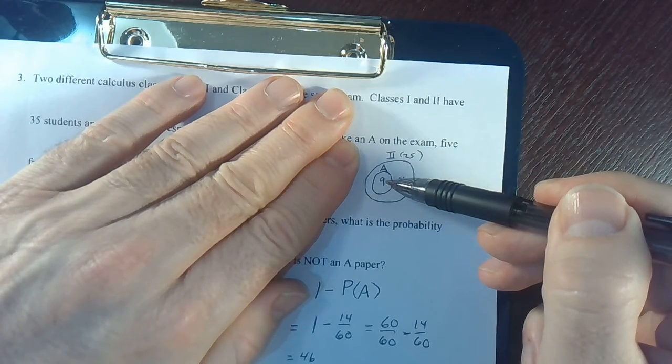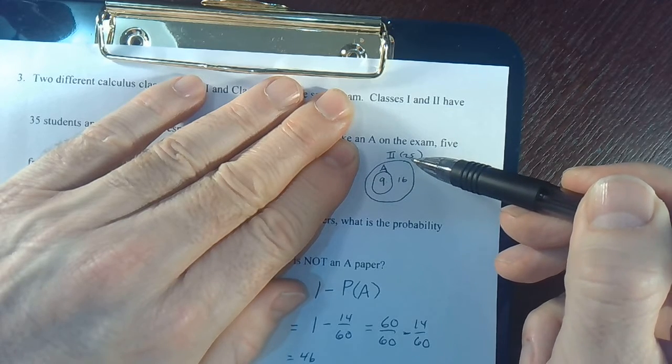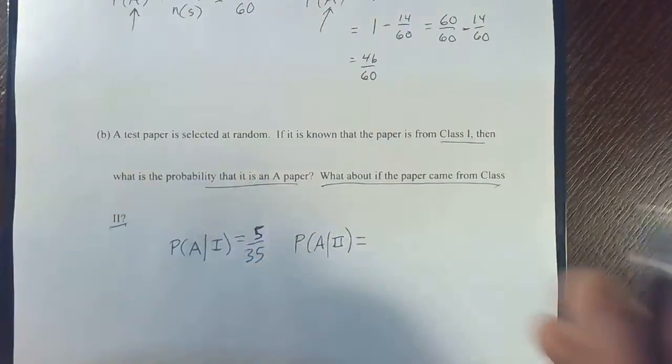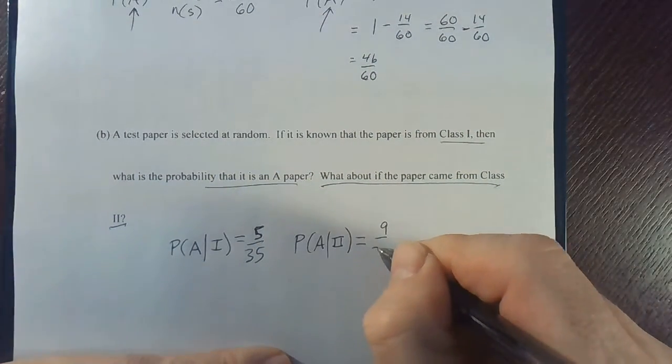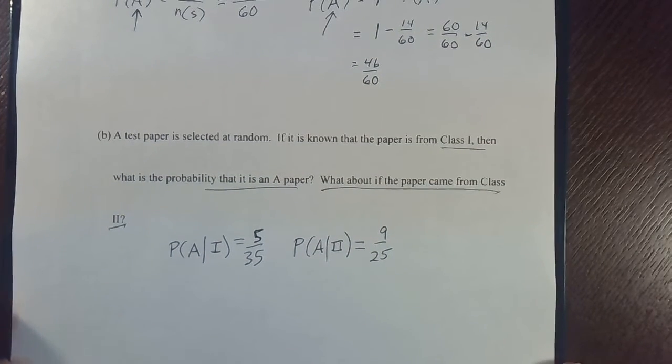And there are 9 A's in this set, so 9 out of 25 would be the probability. So that's a simple conditional probability problem.